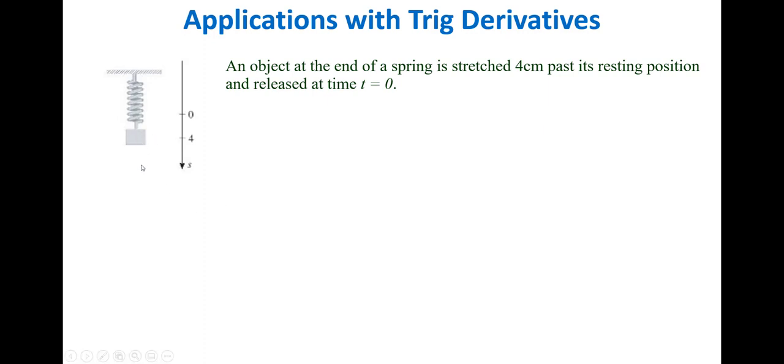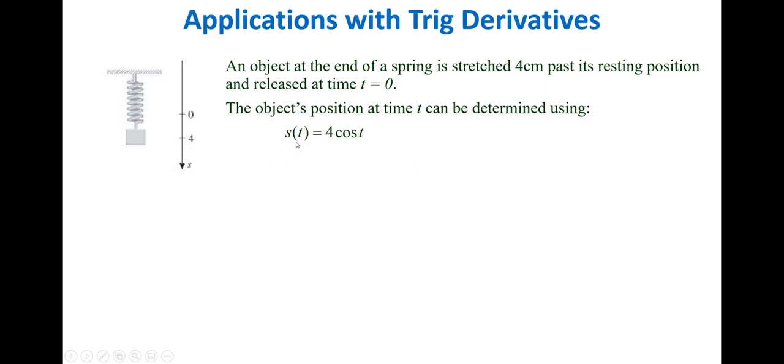The spring at rest would be here, and it's pulled now 4 centimeters past that natural resting position. Right? Then when it's released, the object's position at time t can be determined using the following function. S for position, S of t is equal to 4 times cosine of t.